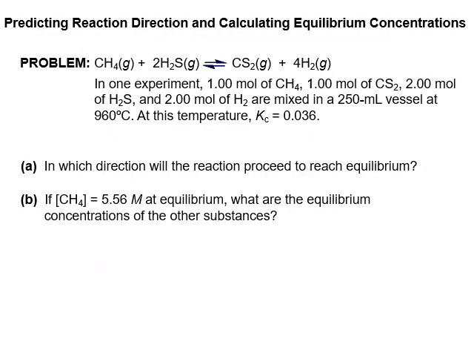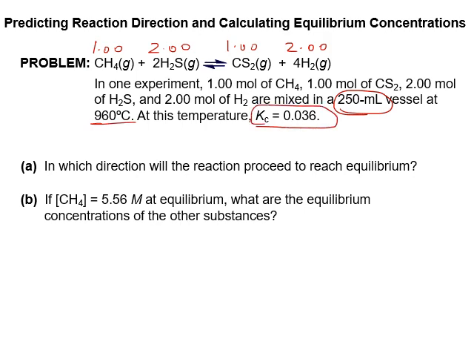Okay. Let's try one last question. This is the equation. In one experiment, 1 mole of CH4, 1 mole of CS2, 2 moles of H2S, and 2 moles of hydrogen are mixed in a 250 mL vessel at 960 degrees Celsius. At this temperature Kc is given to us.